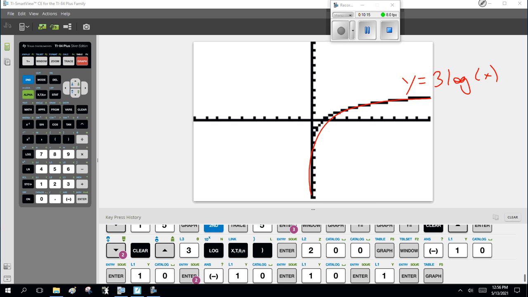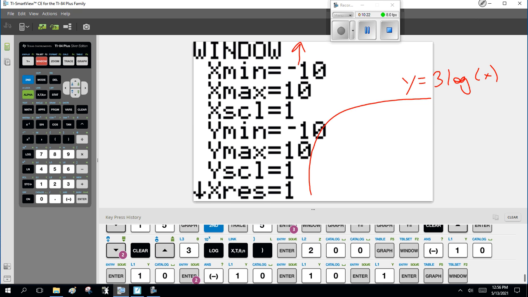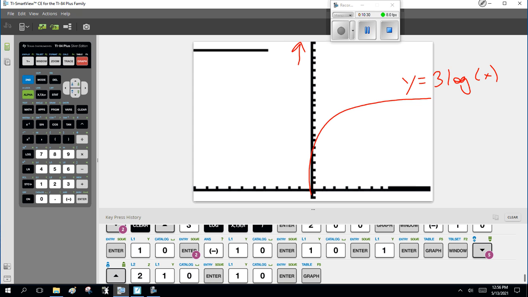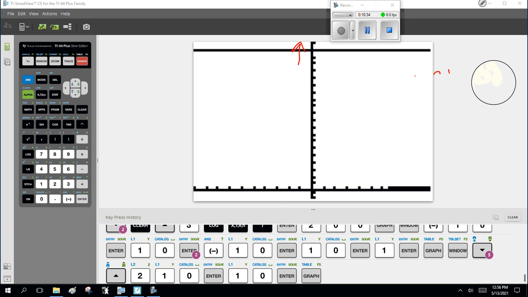Well, y equals 200 is way up there. So window, negative 10 to 10, graph. They're there. Now, I can tell right off the bat this is a huge horrible number.